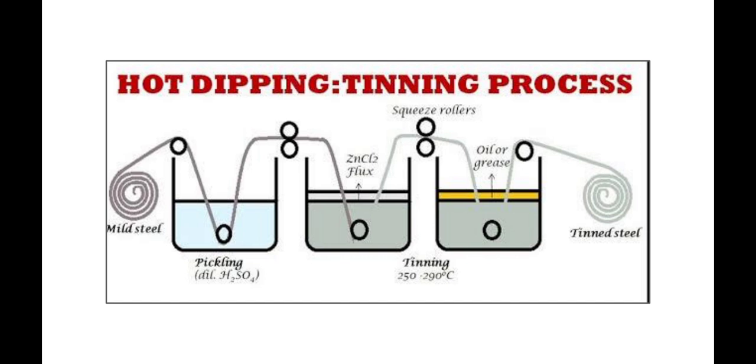The presence of the transition layer provides excellent adhesion to the coating. Clean sheets or plates are immersed in the molten metal bath of the low melting point metal, mainly zinc, tin, lead and aluminum are used. Galvanized sheet is also produced by hot dipping, and these thin coats are difficult to produce otherwise. Okay, so this is about hot dipping.